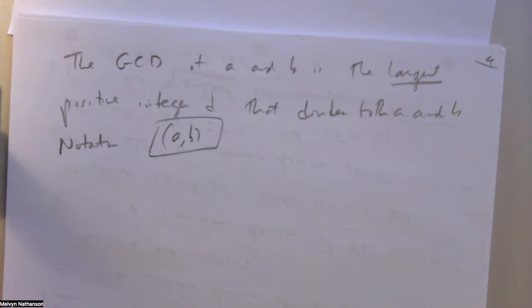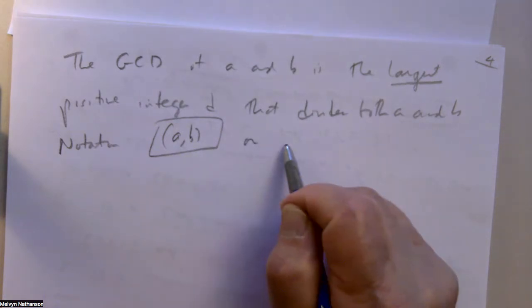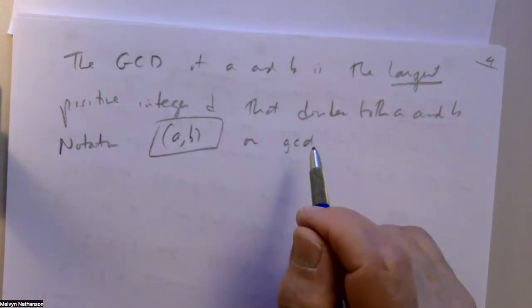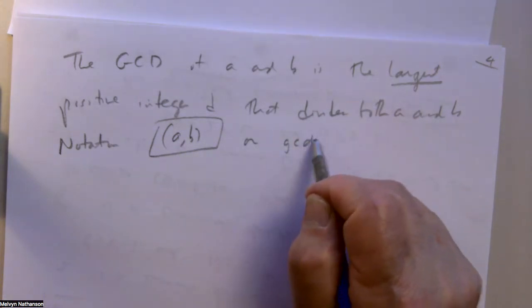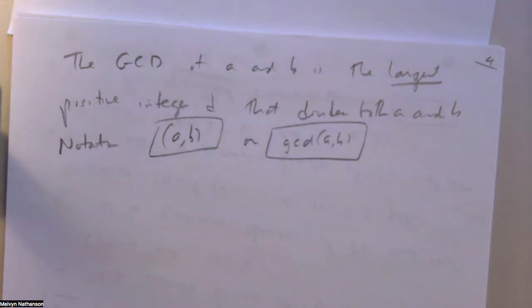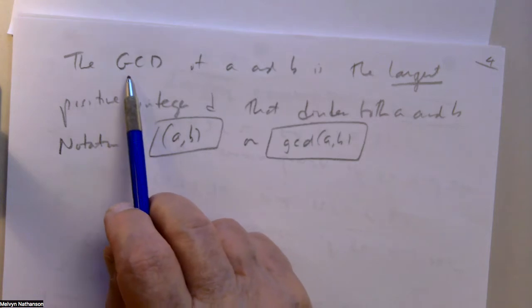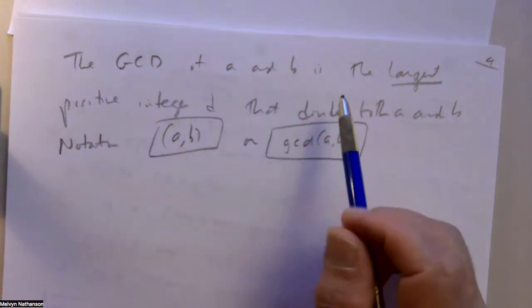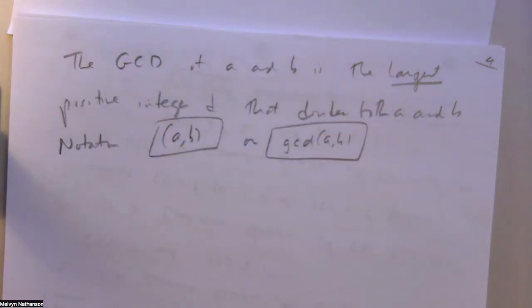So this notation always means the greatest common divisor of A and B, or sometimes written just to be very unambiguous as GCD of A comma B. So both of these notations stand for greatest common divisor. And I should say, just to be very precise, the GCD of A and B, not both 0.